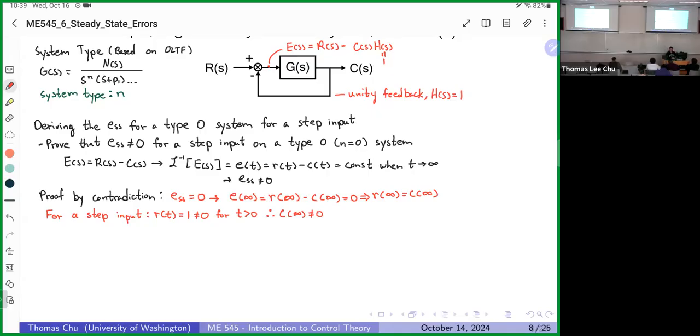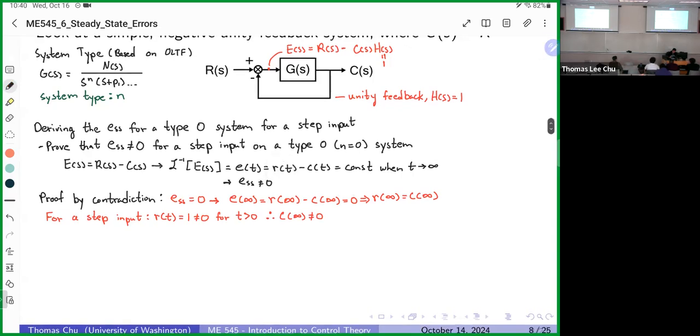Good so far? So it seems like we're going in circles right now, which we are. All we're saying is that for steady state error equal to 0, our output C has to be equal to our input. That's all I've said so far, and that they're both non-zero.